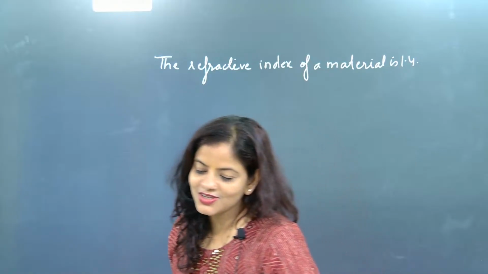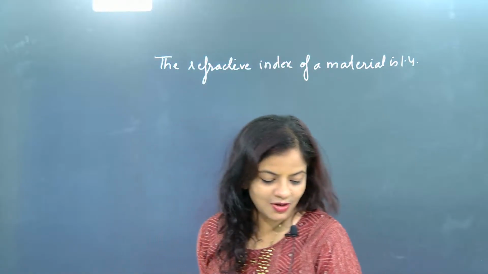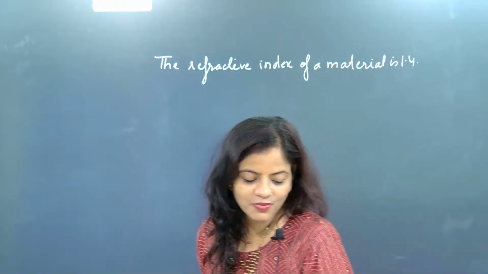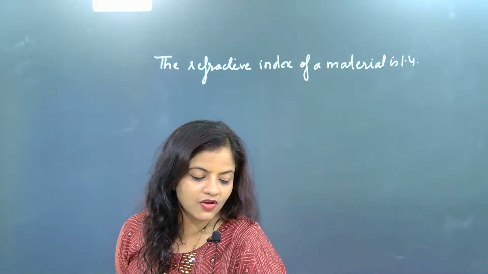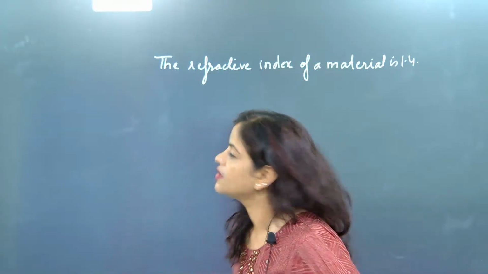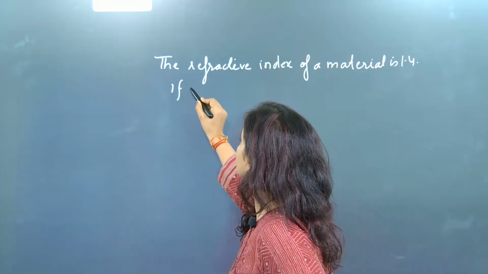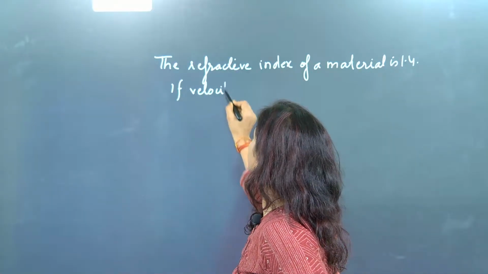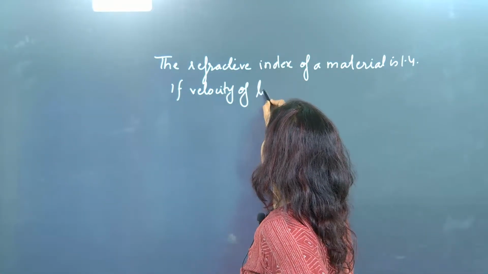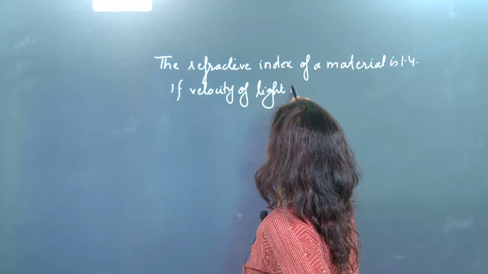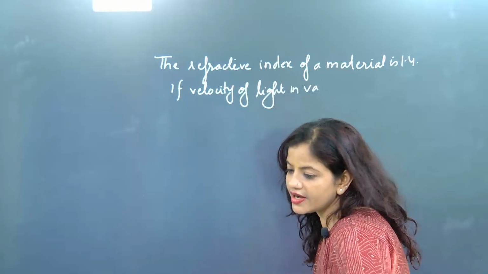The refractive index of a material is 1.4 if velocity of light in vacuum. So, beta, velocity of light in vacuum. Start writing the answer.